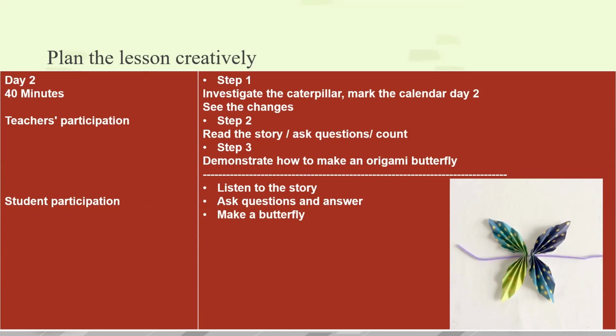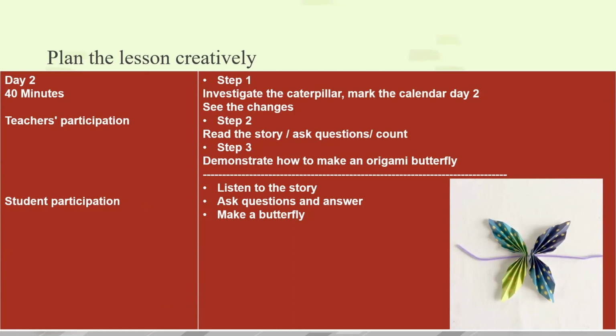Then I'm going to read the book, Eric Carle's Very Hungry Caterpillar. That book has a lot of counting. The caterpillar goes through various types of food and keeps on eating.